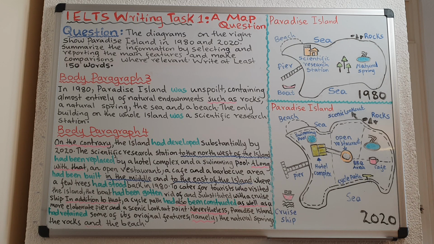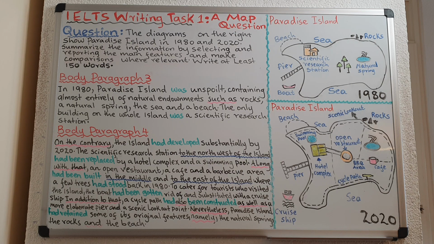So what have I done? I based the whole of paragraph 3 on the first map, that is Paradise Island in 1980. And I based the whole of body paragraph 4 on what Paradise Island looked like in 2020.